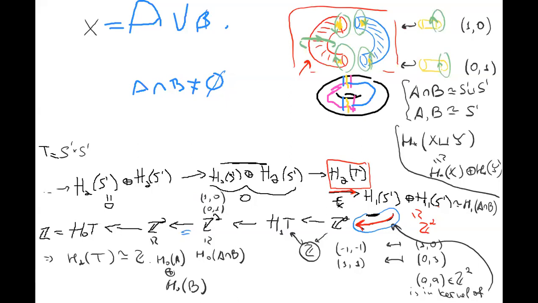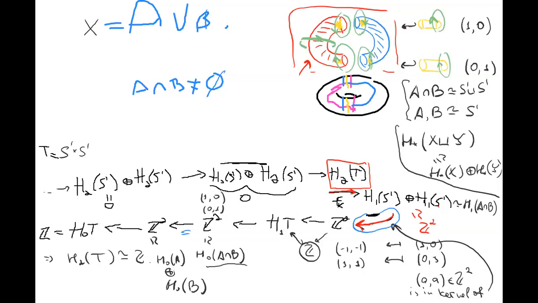Because this map just says that the path component maps to a path component, but on the level of path components of your space, you don't have any orientation.